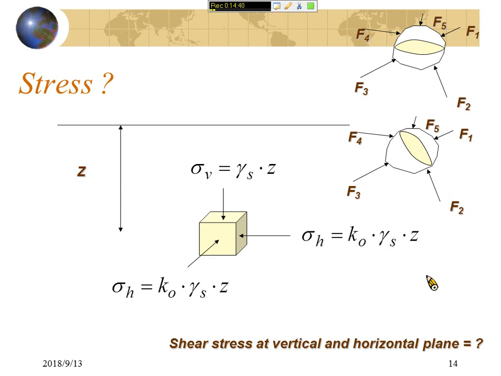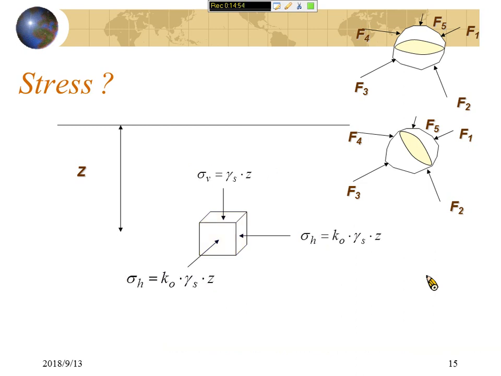Okay, for soil or for rocks, you will have anisotropy, stress anisotropy. It means the principal stress could be different in different principal stress directions. So we always want to know, for example, the normal stress and shear stress acting on an inclined plane.